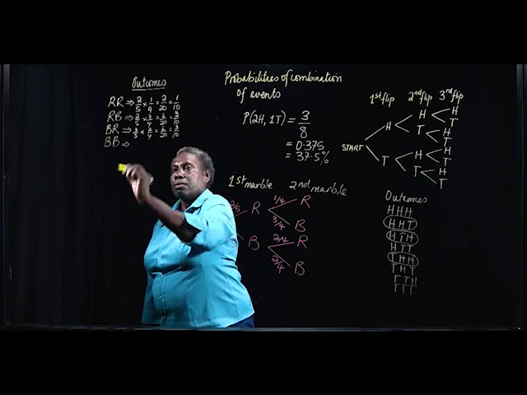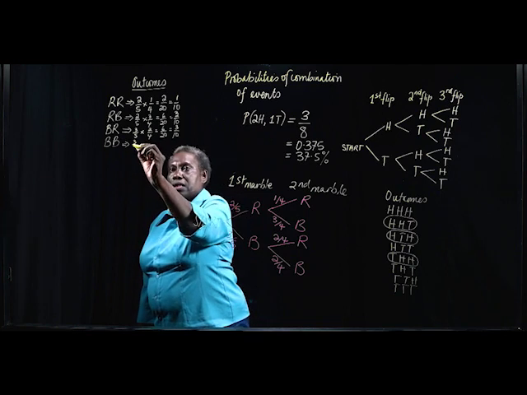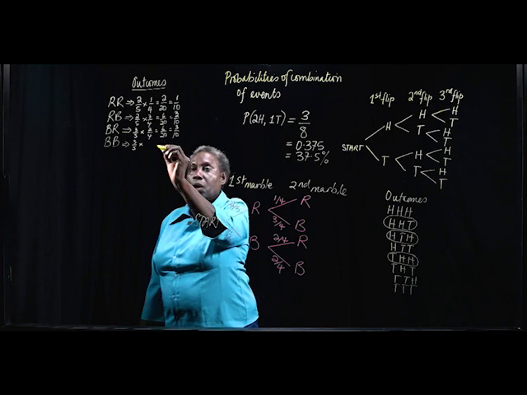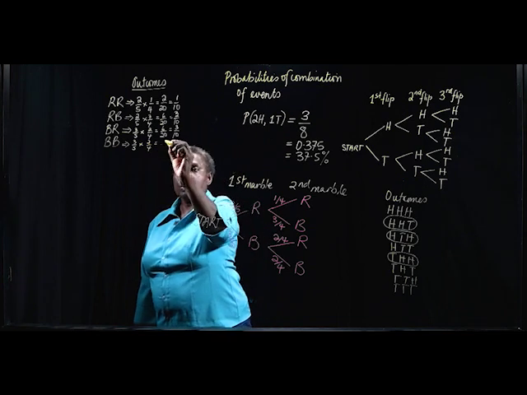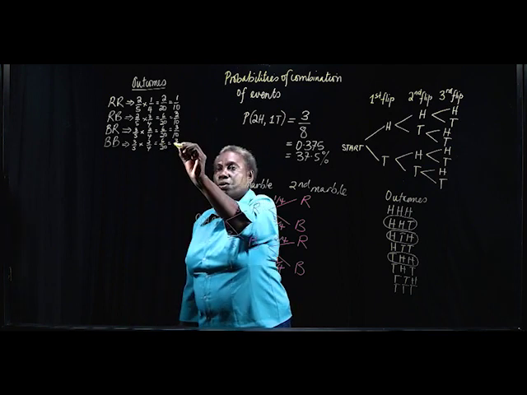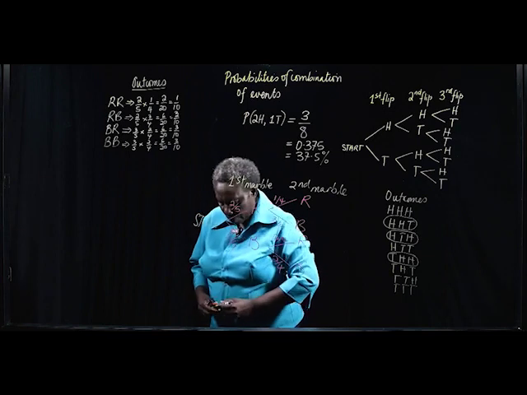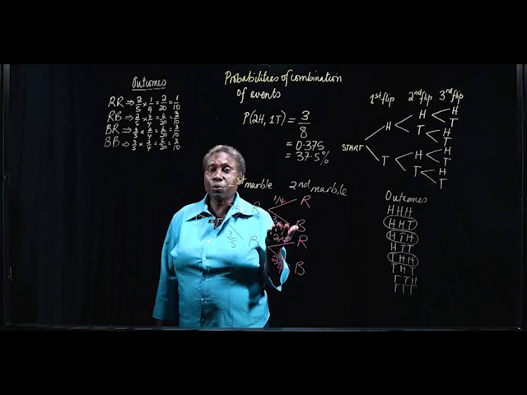And for 2 blue marbles, probability is 3/5 times 2/4, which is equal to 6/20 simplified to 3/10.